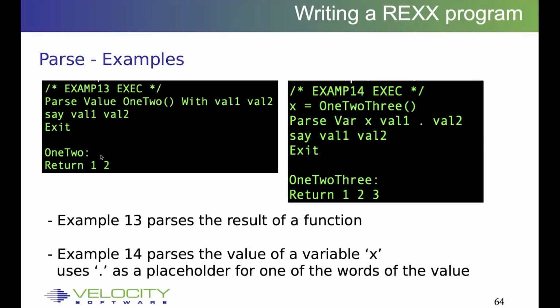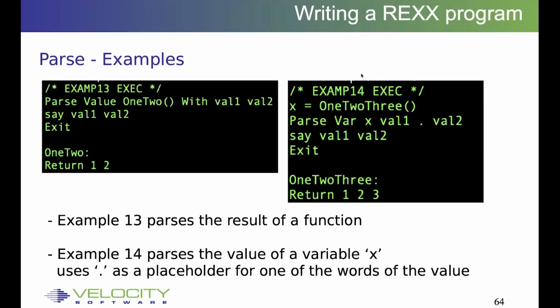So 1, 2 will be executed. It will return the values 1 and 2. 1 will be assigned to val1. The number 2 will be assigned to val2, and that is what is going to be displayed. I don't have an example of the output, but it would just be 1 and 2.